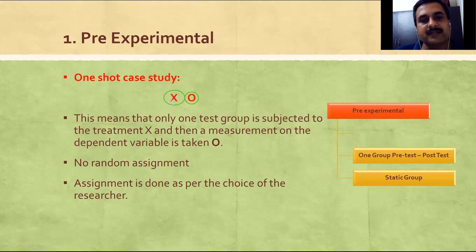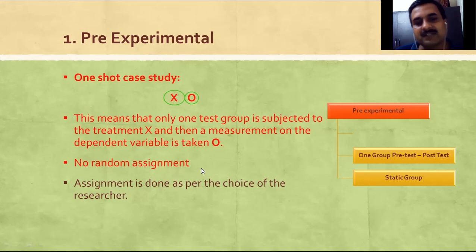So we are only concerned about this exposure, that is treatment being given to a single group and observation is taken. That's why it is considered a one-shot case study. And in one-shot case study, what does it say? This means that only one test group is subjected to the treatment X, and then a measurement on the dependent variable is taken. So we are only concerned about the one group and exposure given to it, and we are measuring the sales performance after the treatment is given.